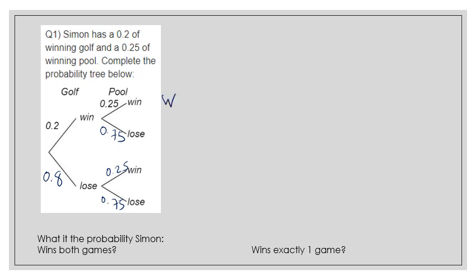We're going to say win, win, and we multiply them together, 0.2 times 0.25, which gives me 0.05. Win and then lose, 0.2 times 0.75. You can use a calculator for these if that helps.